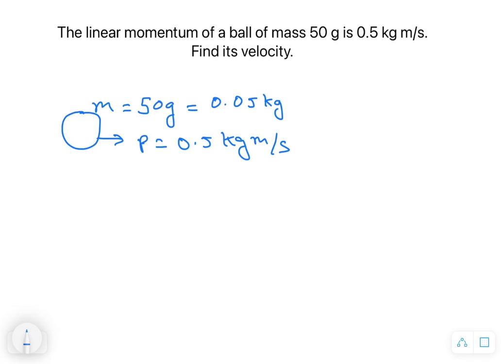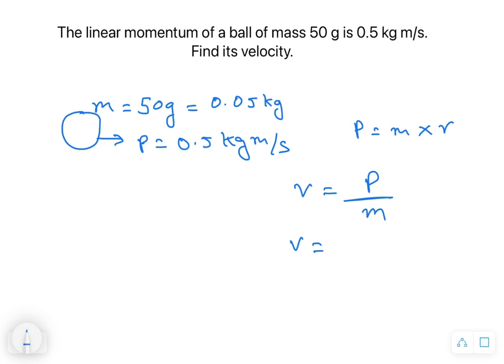To find the velocity, we will use the formula for momentum. P is equal to mass multiplied by velocity. Let us rearrange this in terms of velocity. So V will be equal to momentum divided by mass.